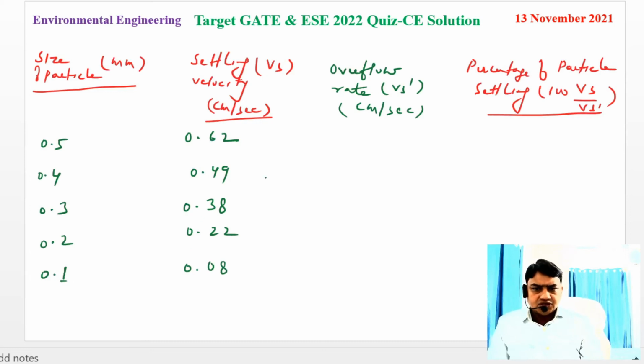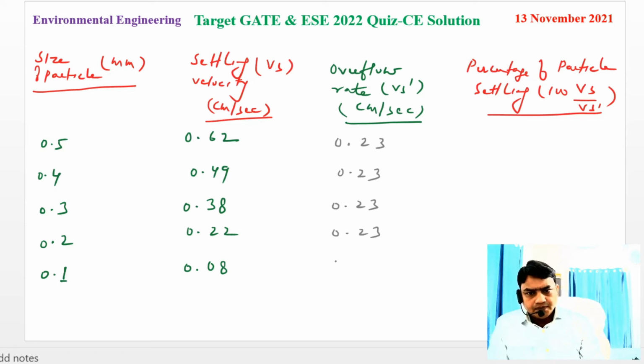This is given in the question. We have computed the overflow rate, that is the value is 0.23 centimeter per second, which is common.